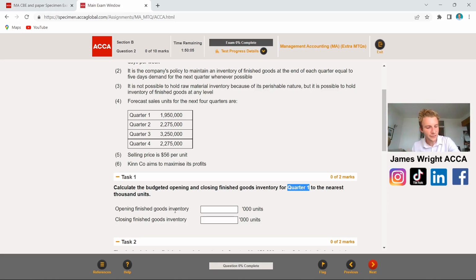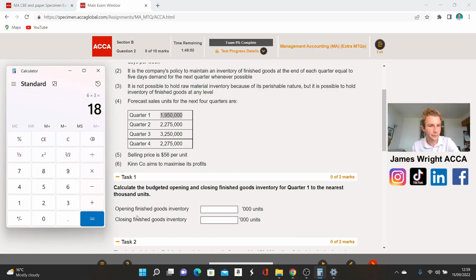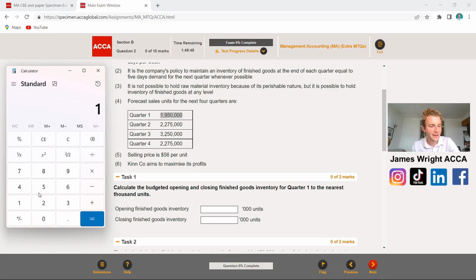So the opening finished goods for quarter 1 at the start of the period is equal to 1/13, because that is 5 working days. Feel free to use your calculator, and be careful with the zeros here: 1,950 divided by 13 gives us 150,000 units for the opening finished goods at the start of quarter 1.